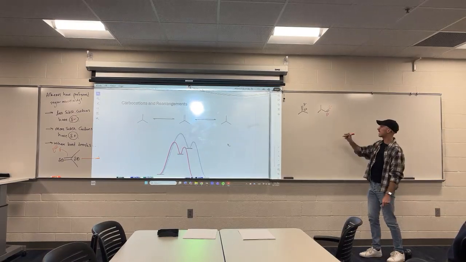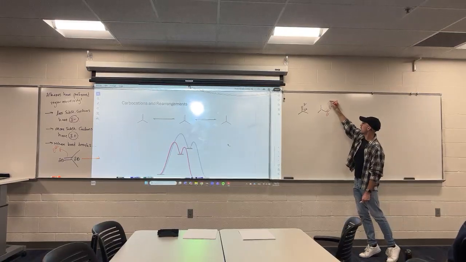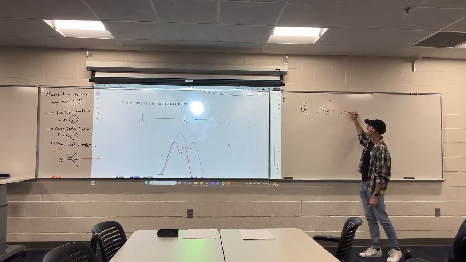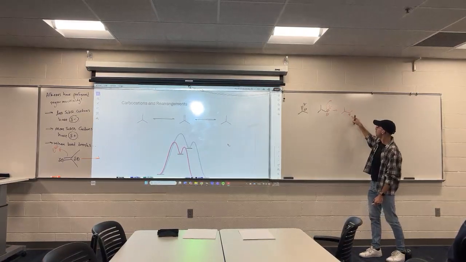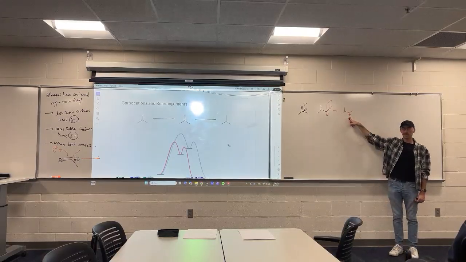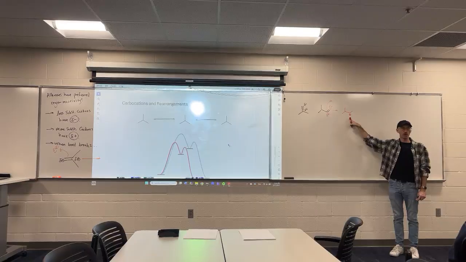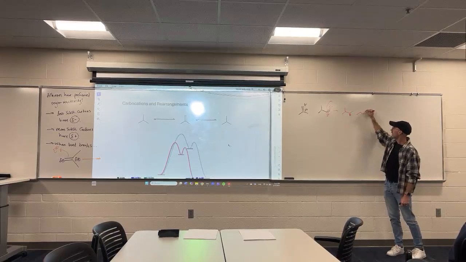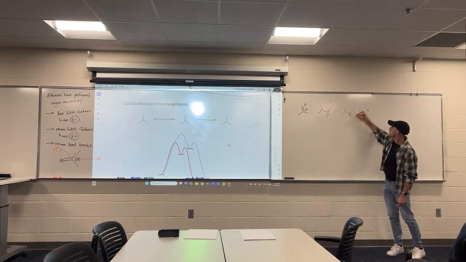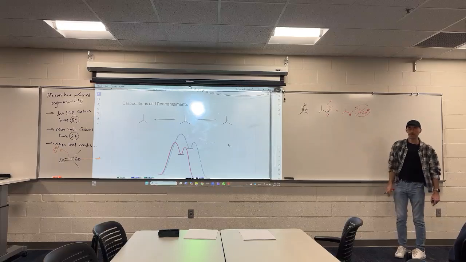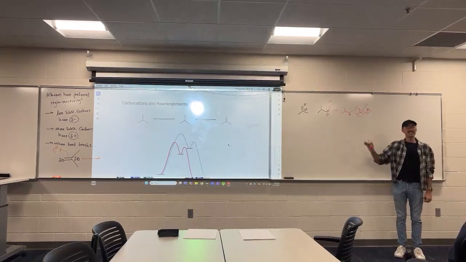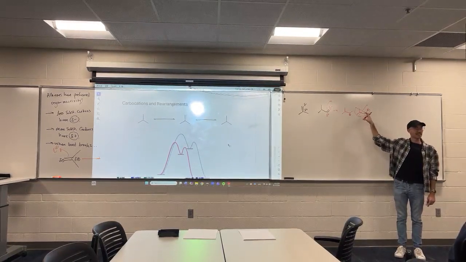Again, that is saying that if these electrons are to react, they will be lost by the more substituted carbon because it's more stable, holding a positive charge, and they will not be lost by the less substituted carbon because that's not as stable. It doesn't form.